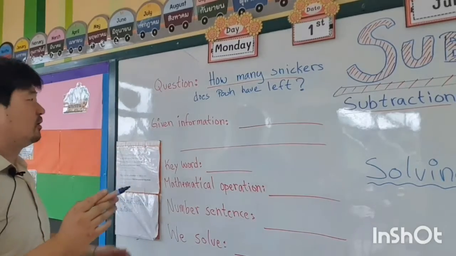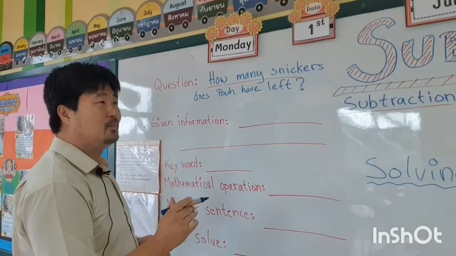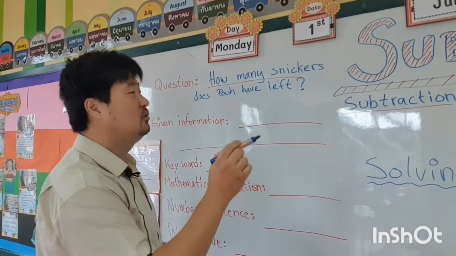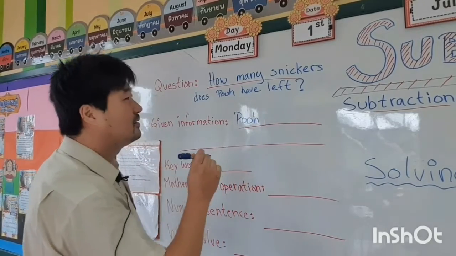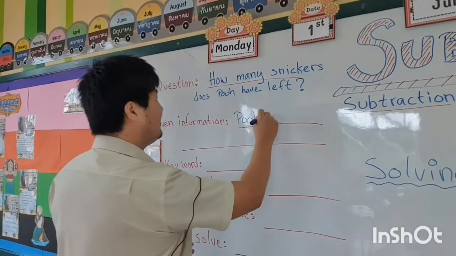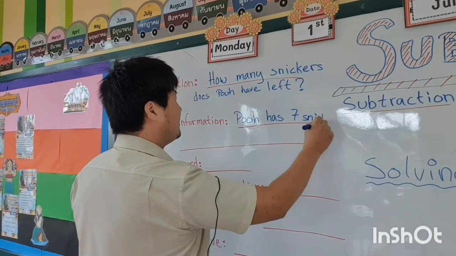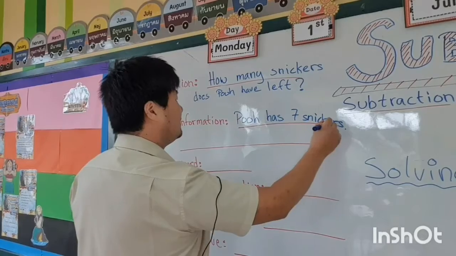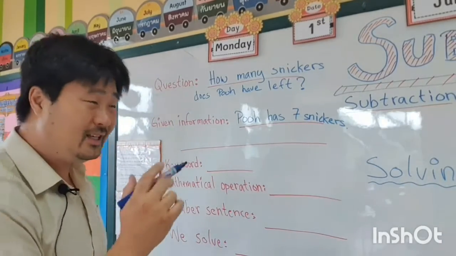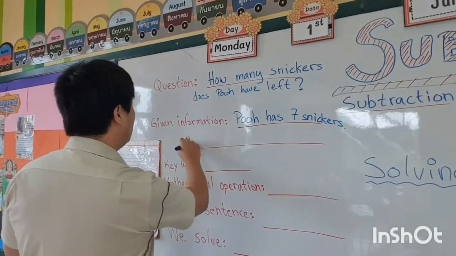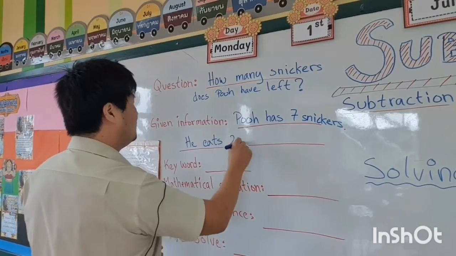Now, the word problem, what information do they give us? 7 and 2, right. So, Pooh has 7 Snickers. Okay, and what else? Oh, you're right, he eats 2 of them. Good. He eats 2.